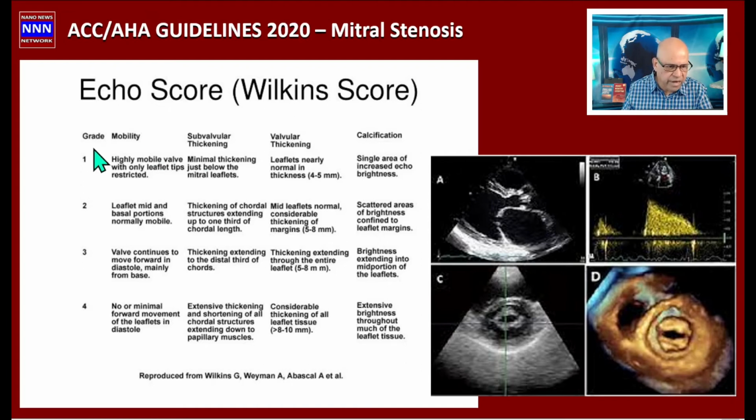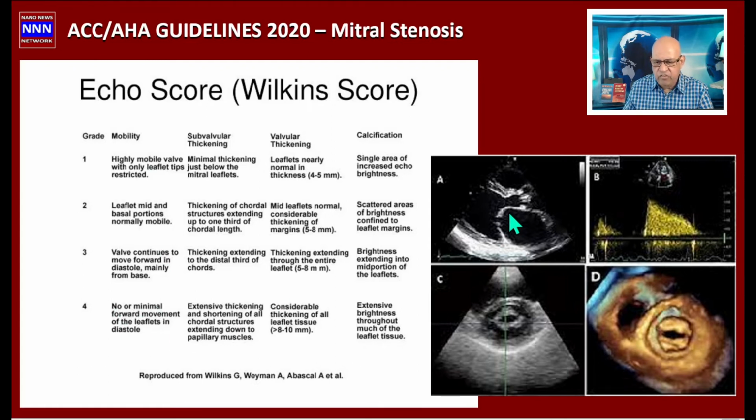So it is graded 1, 2, 3, 4. Grade 1 is a single area of increased echo brightness, generally seen on echocardiography, with some mitral annular calcification, whereas the leaflets are nearly normal thickness, 4 to 5 millimeters, which is normal, and they have good mobility. Whereas grade 4 has no or minimal forward movement of the leaflets in diastole.